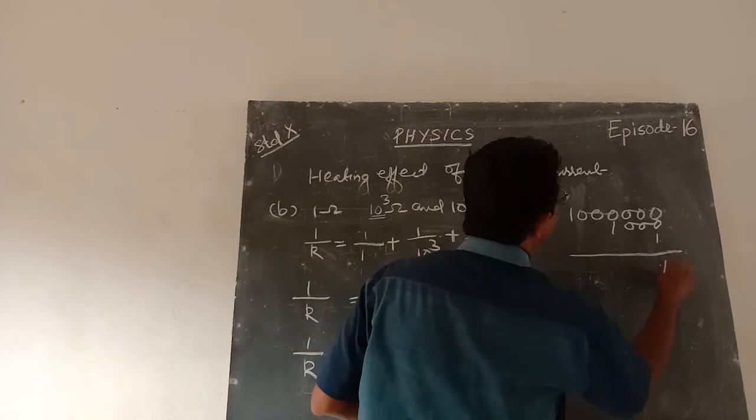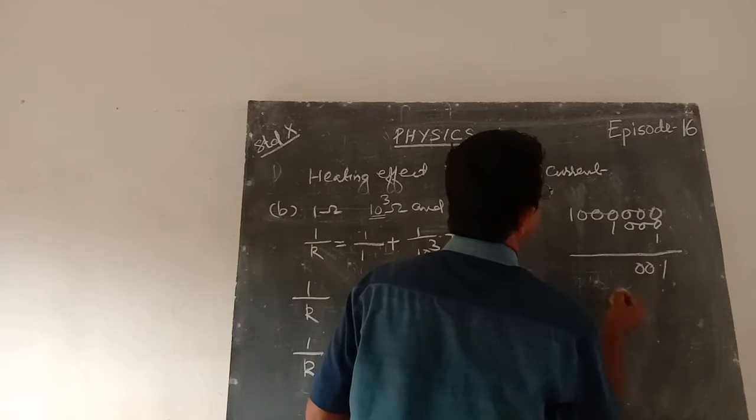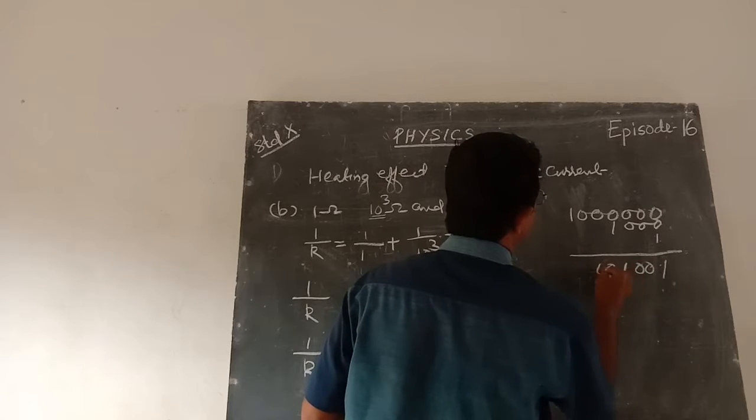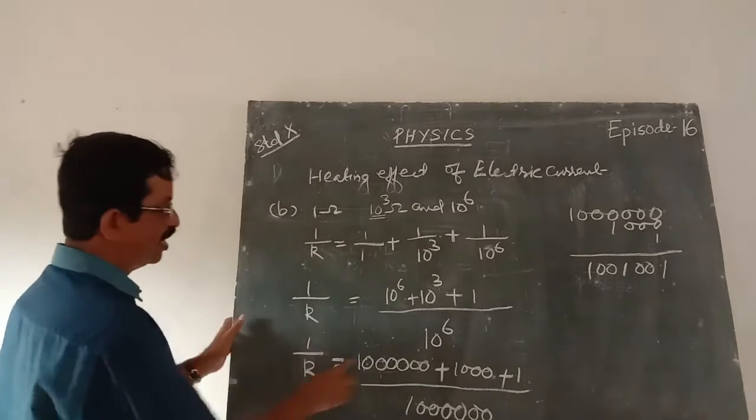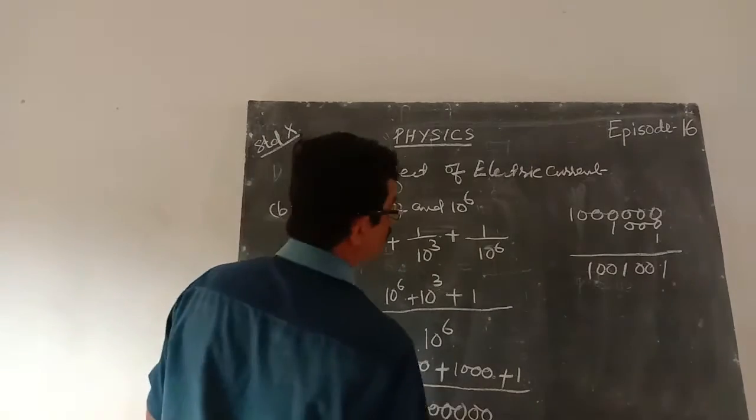That is 1 0 0 1. This is the value we get by adding this on.